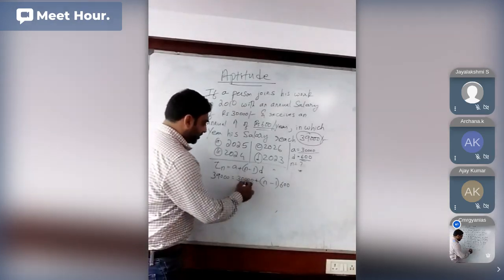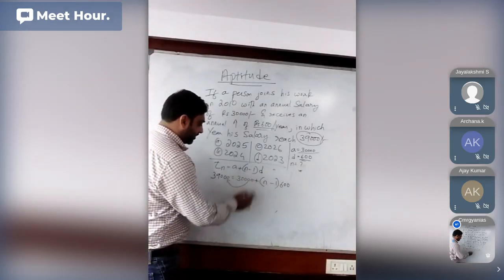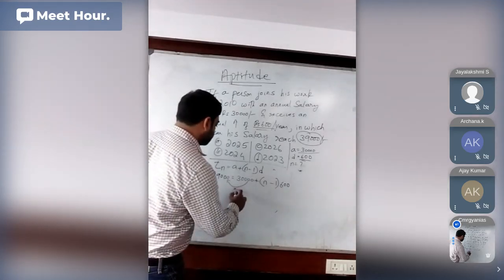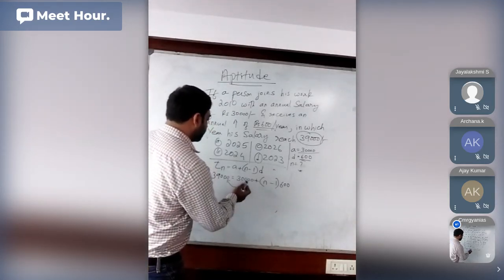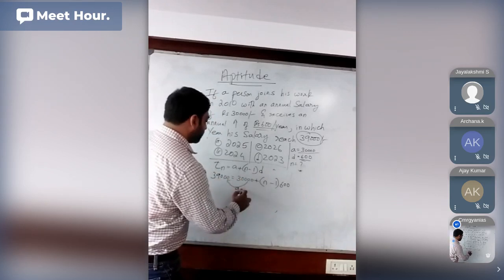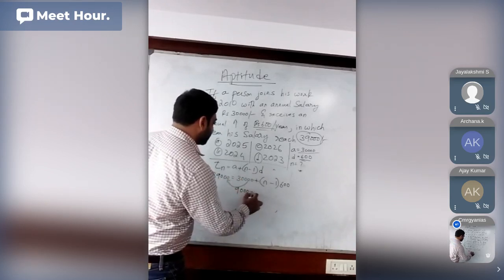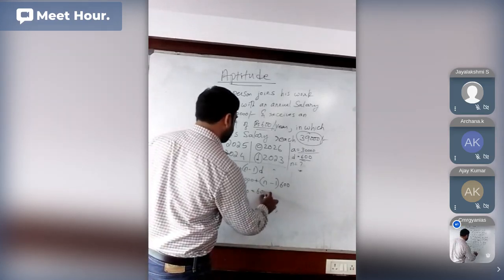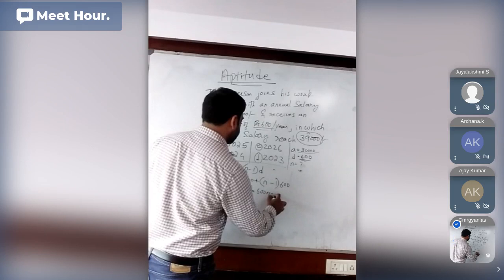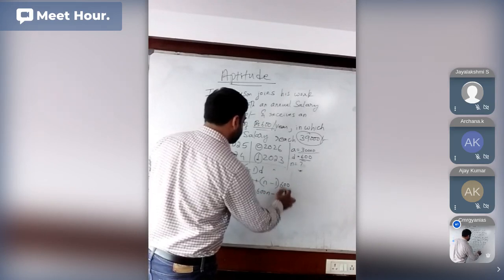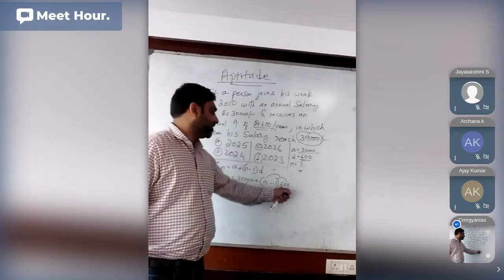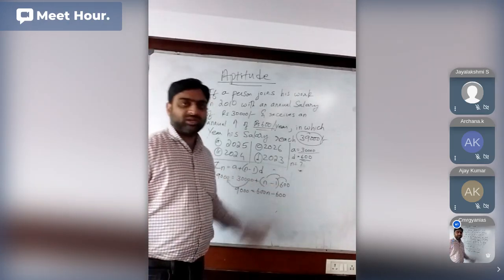Now take this 30,000 to that side. It will become 39,000 minus 30,000, so 9,000 is equal to 600 n minus 600, multiplying each term: n into 600 minus 1 into 600.